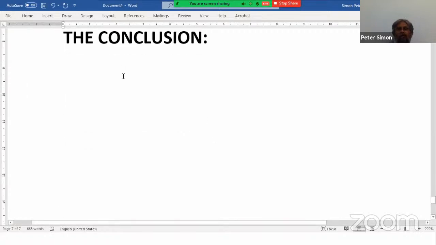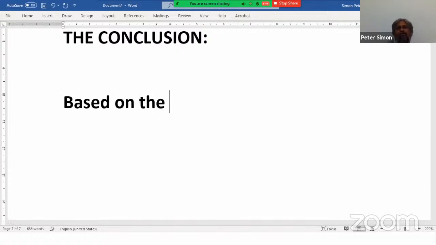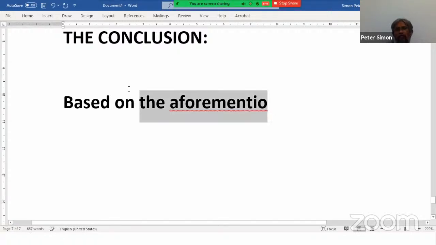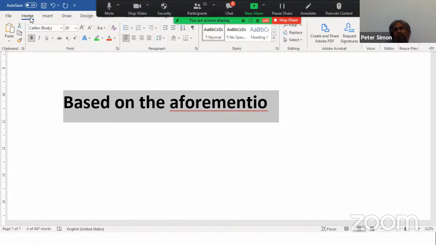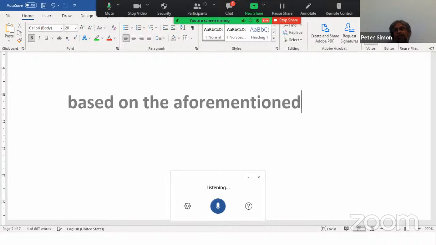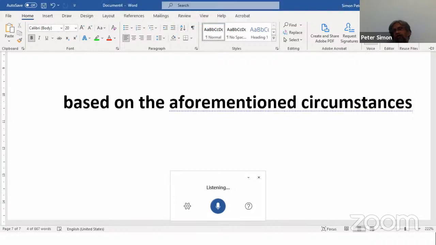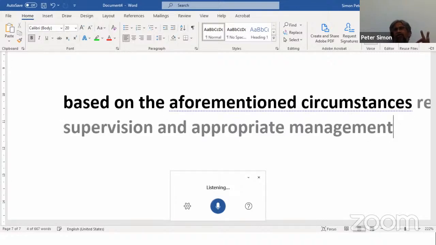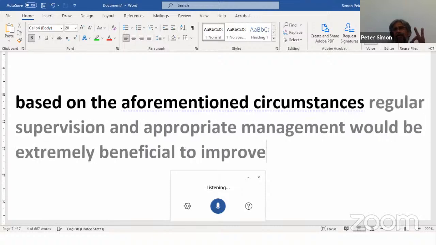What 2 sentences can you write? Based on the aforementioned circumstances, regular supervision and appropriate management would be extremely beneficial to improve Mr. Baker's condition.